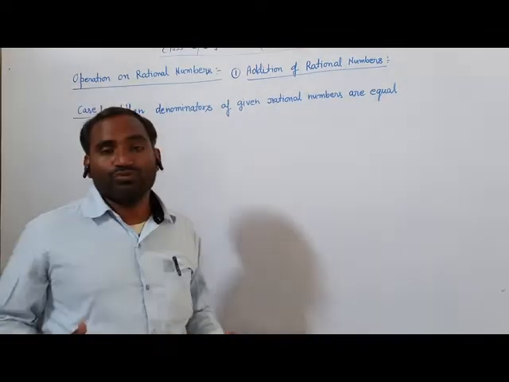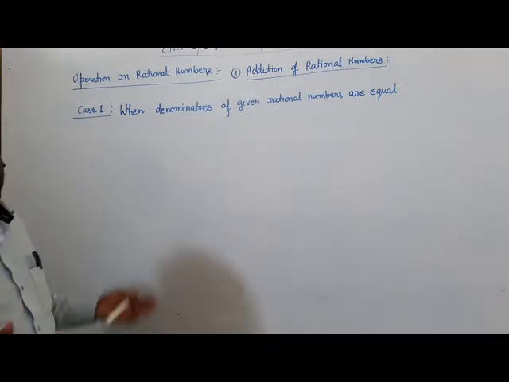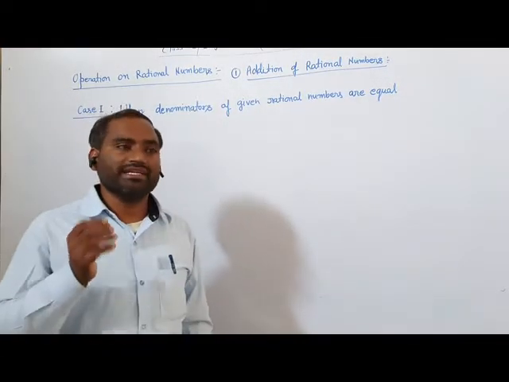What should I do when the denominators of rational numbers are equal?